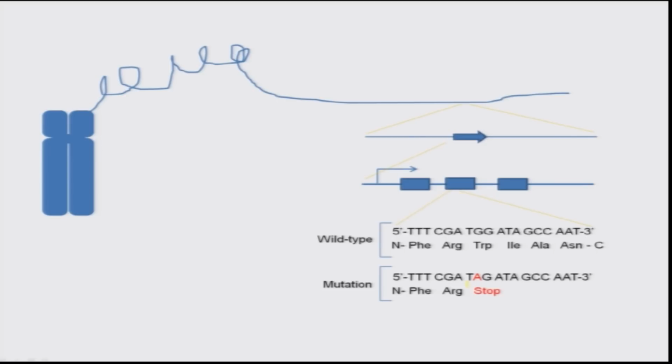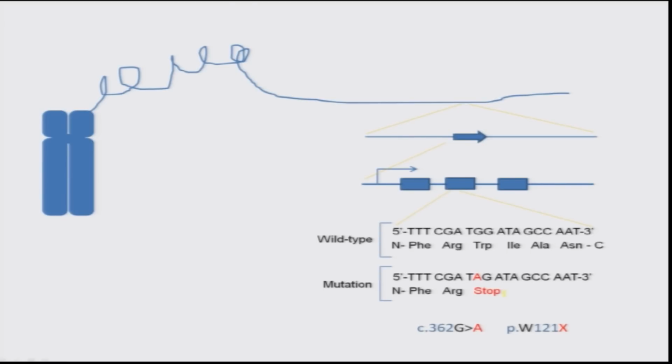In a particular base, for example, here the G got changed to A. As a result, whatever amino acid should be coded is not being coded there, but rather the synthesis of protein is stopped because now the TAG represents a stop codon. The question is, how do you really identify this?